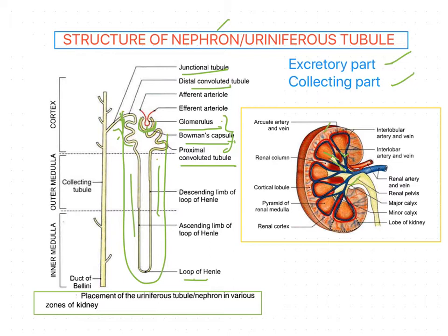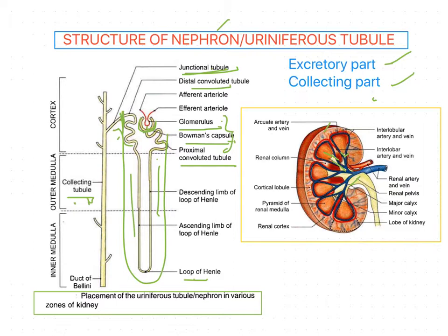Now coming to the collecting part, it consists of two parts: the junctional tubule and the collecting tubule. The collecting part starts from the junctional tubule, from the distal convoluted tubule.